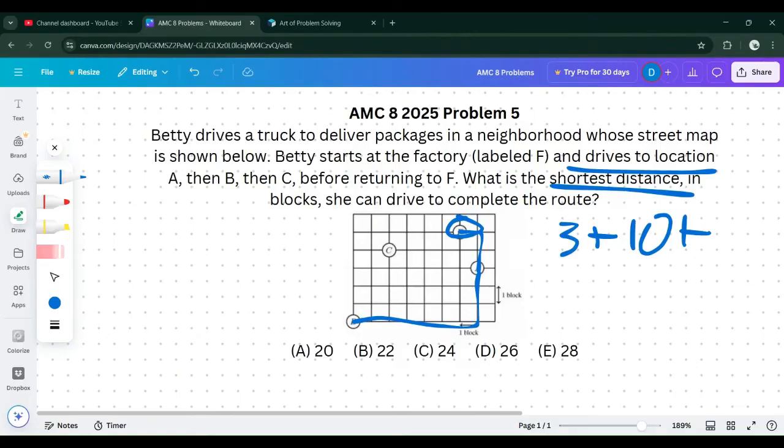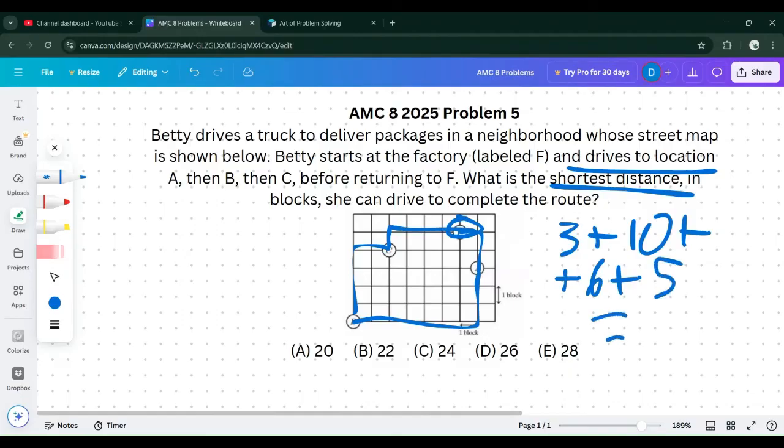So once again, 3 down, 7 to the left. Okay, now from B to C, pretty self-explanatory again. We just go up 4 and right 2 for a total of 6. And from C to, I believe, F, we go up 1 and right 4 for a total of 5 blocks.